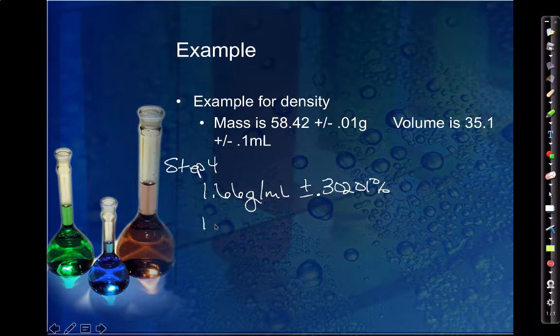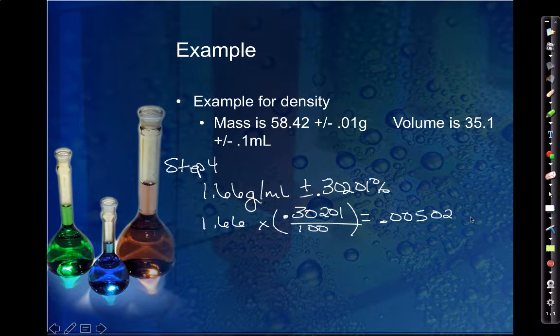So we're going to take 1.66 and then multiply it by our percentage as a decimal. So divide this by 100. And that gives me 0.00502. Okay.